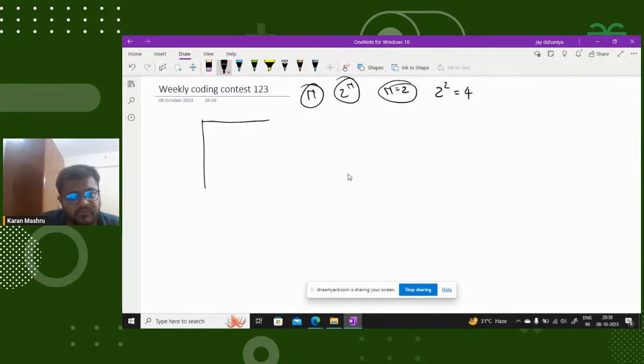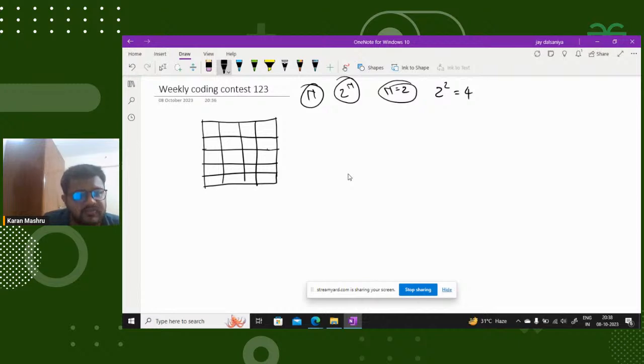If you consider a square of side length 2^2, then it would be something like this. Initially this is one whole square. I have just divided it into 4 rows and 4 columns to show you 1 unit each. So the total side length of this square is 4, and initially it is only one square.